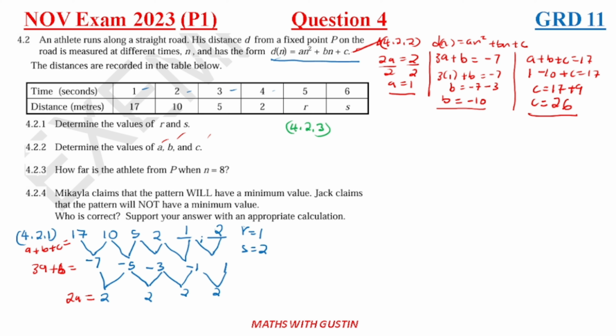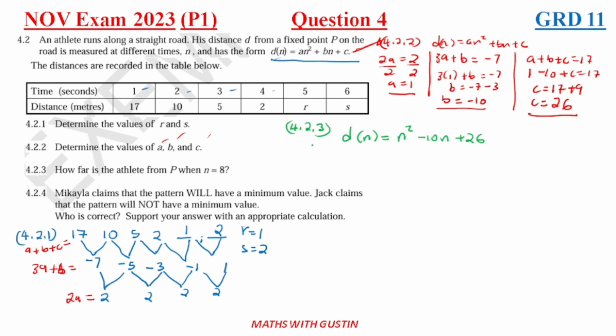4.2.3. And then they said, how far is the athlete from P when n is equal to 8? All right, so the distance in this case is symbolized by this equation right here. We already know the value of a, which means now it is n squared minus 10n plus 26.